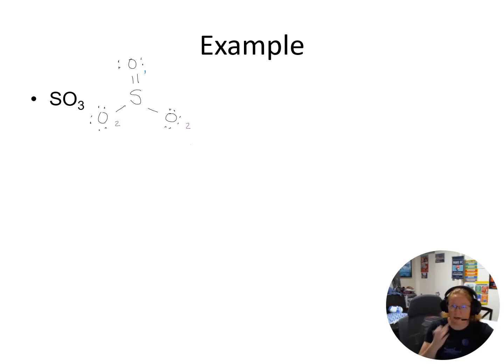So let's do some formal charges. Let's look at sulfur. Sulfur has 6 valence electrons minus 1/2 of 8 plus 0 lone pairs gives me a +2. Ooh, that's a high formal charge.